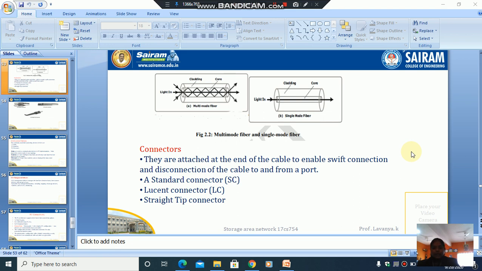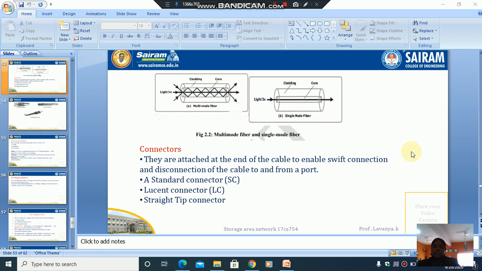per second. Whereas the Lucent connector is also used for data transmission speed up to 4 gigabytes per second. Compared to the standard connector, the Lucent connector speed will be more.